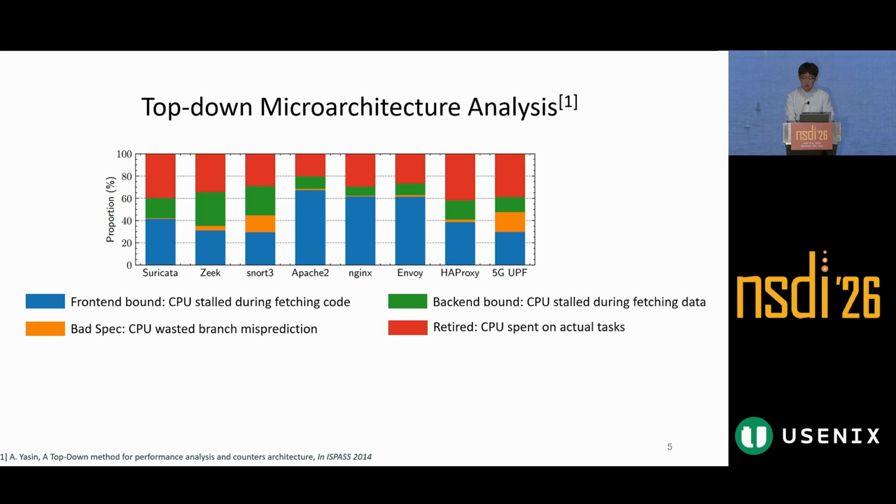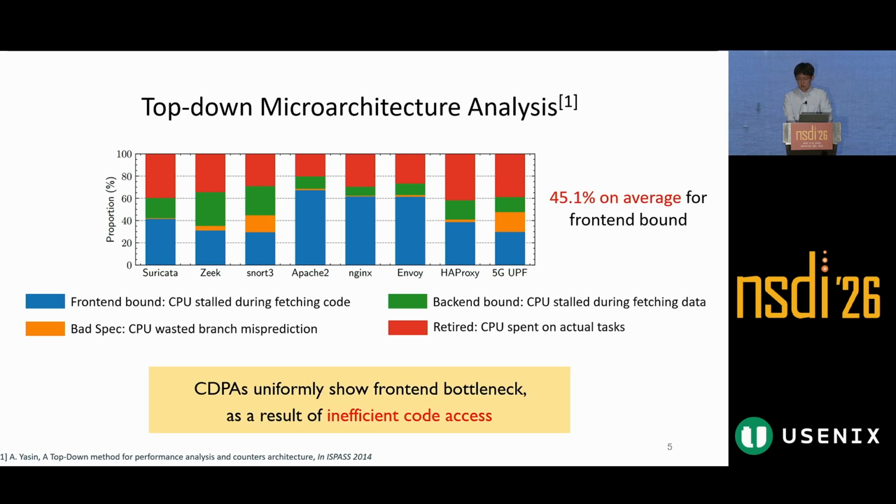And finally, we have the fourth kind that is retiring, where CPU cycles are actually spent on the actual tasks. From the profiling, we quickly have a surprising finding. That is, those CDPAs uniformly show their biggest bottleneck in the CPU front end, which is 45.1% on average. This is a direct sign that code access is becoming inefficient and preventing those applications from running faster.